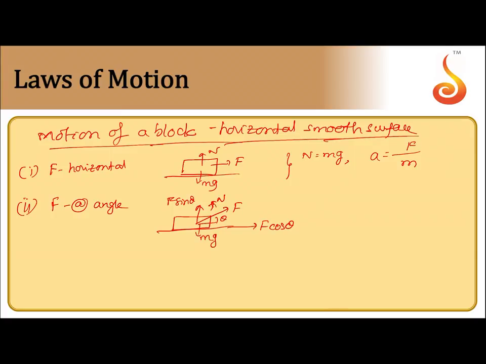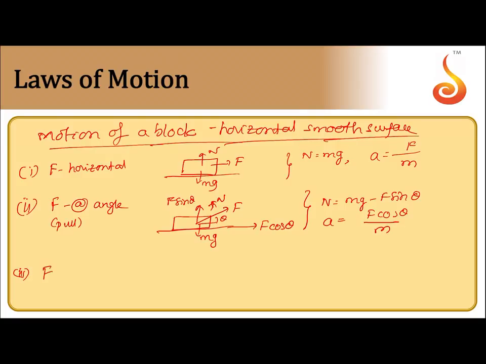So this time, what are all the equations? N is equal to mg minus F sin theta, and the acceleration is F cos theta divided by m. Correct? Remember, the earlier case is a pull.